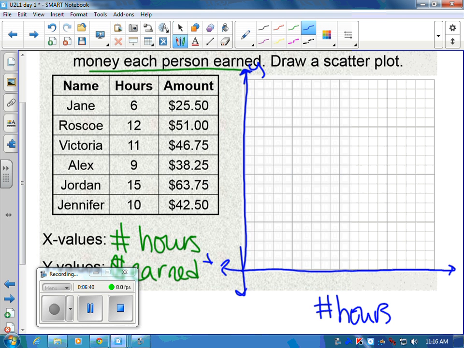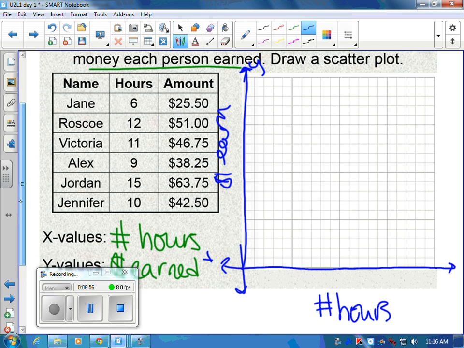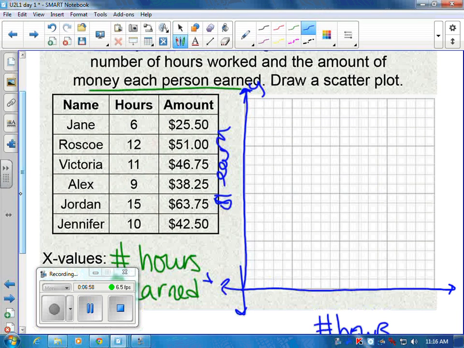Then we also have to put what our y values represent, which is the money that we earn. So we work some hours, that's going to get plotted on the x-axis. Now I've got to figure out what scale I want to use. What is the minimum possible hours that I could work at this job?